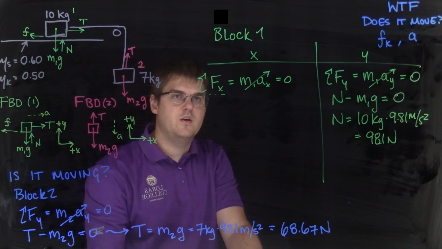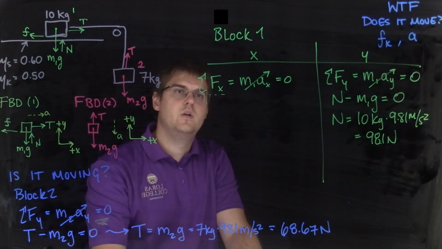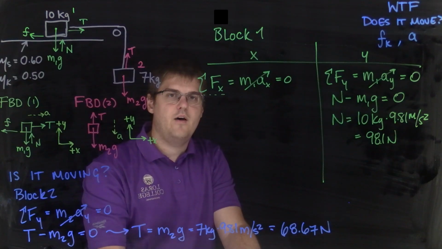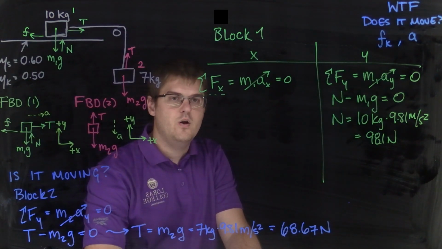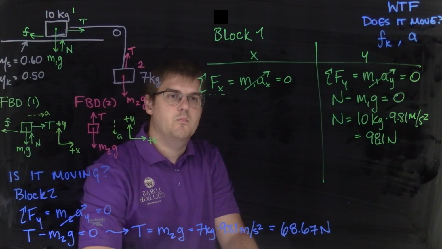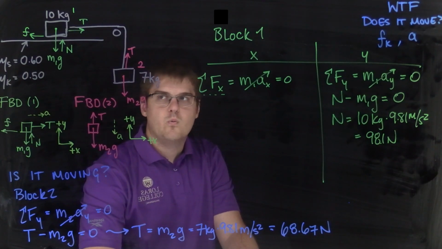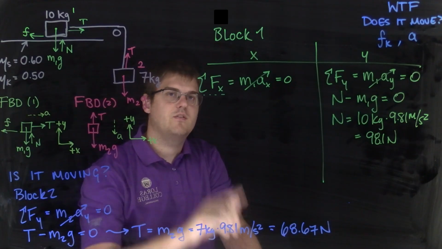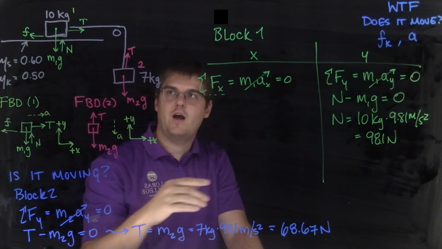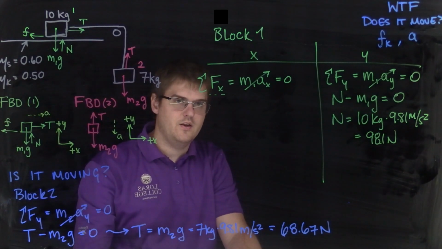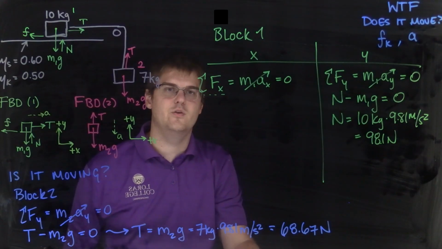If it ends up being greater than 0, then we are physically going to move for sure. If we are less than 0, we're not actually going to move, and we have to have the sum of forces equal to 0, so we actually have less friction than we're calculating. And we'll get to that in a second too.